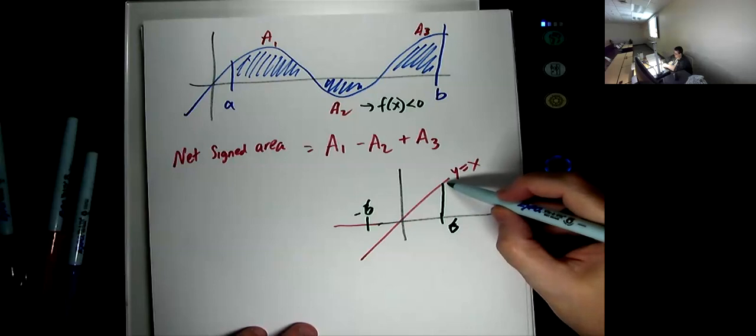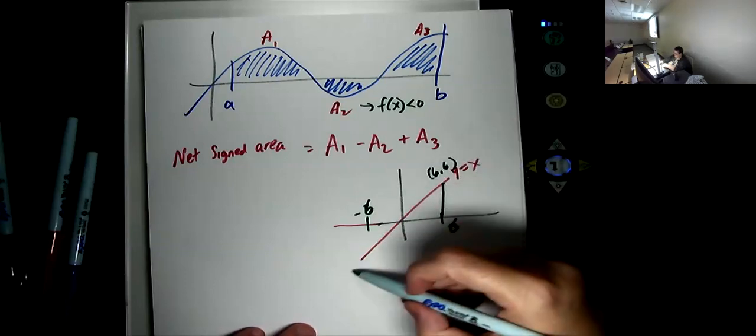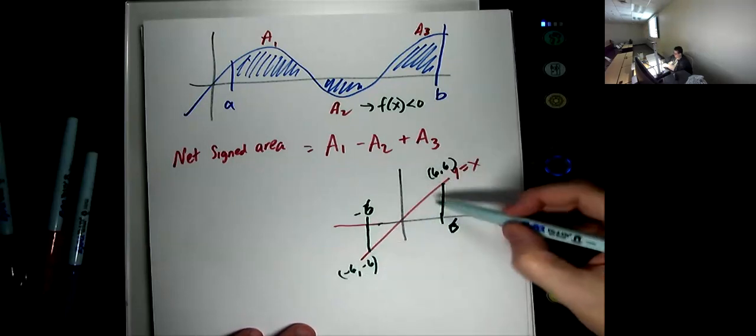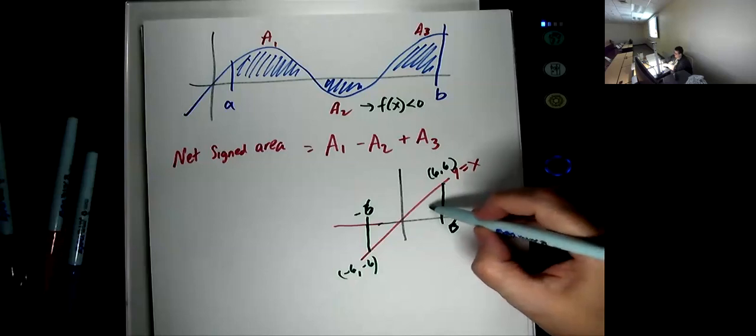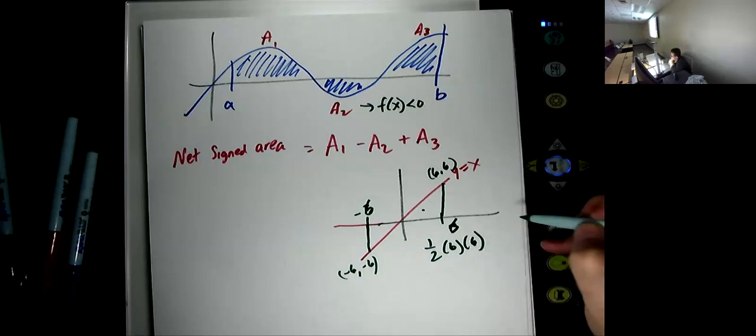The height here is 6, and this is -6. The rectangle, this is going to have positive area, 1/2 base, which is 6, times height, which is 6.